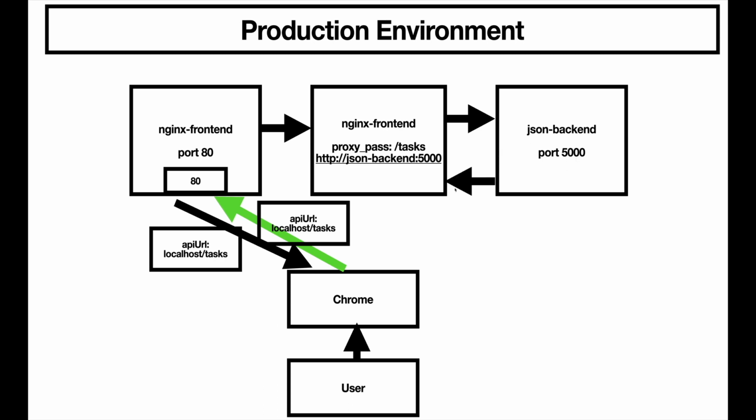And it will give you back the JSON response to Nginx, and Nginx will give you back your responses. So in this process, as you can see, there's no direct access from your user to the backend directly. So in this way, the user doesn't know where the backend is, and there is no possible way for the user to access the backend directly.